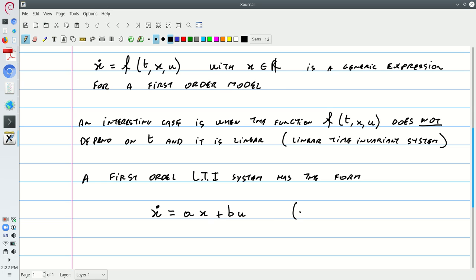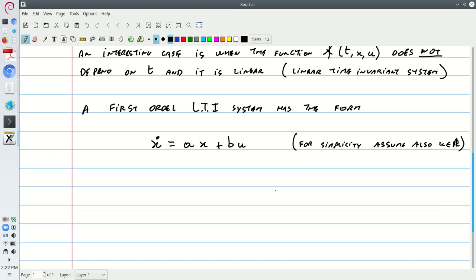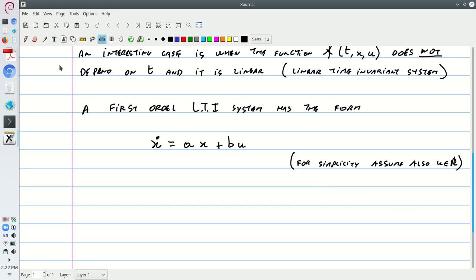Okay, and for simplicity assume also u is a real number, even though this is not really necessary, but we have this assumption here, and of course since it's a first order system we have to specify that x is a scalar.